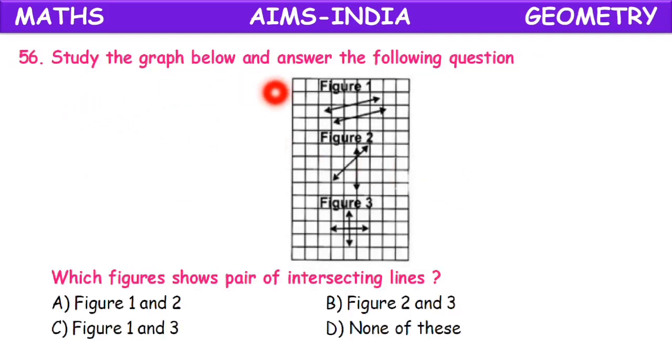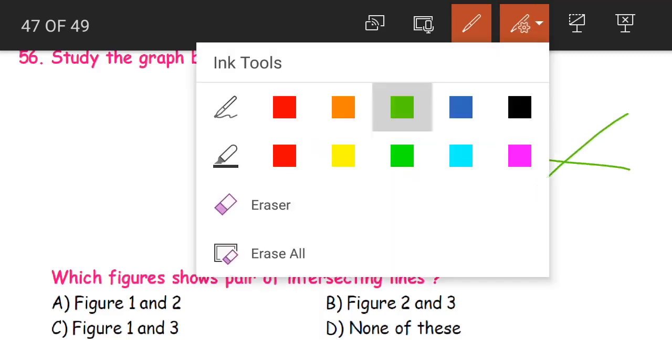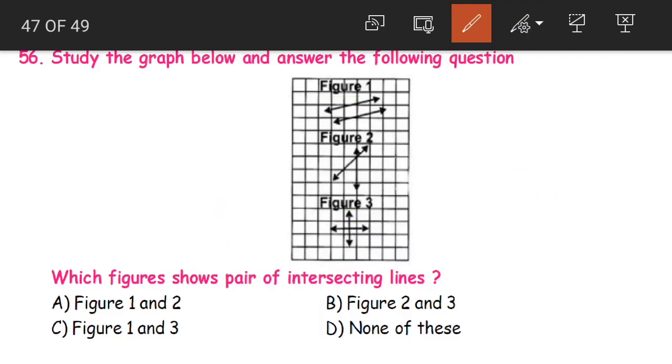Question 56. Study the graph given below and answer the following question. Which figure shows a pair of intersecting lines? We have 1, 2 and 3 figures as we have discussed earlier. Intersecting lines are those which cross their paths. So from the given 3 figures, which are crossing their paths? 2 and 3.